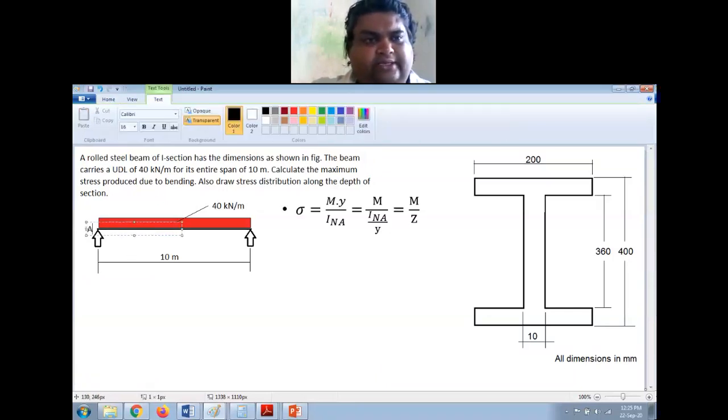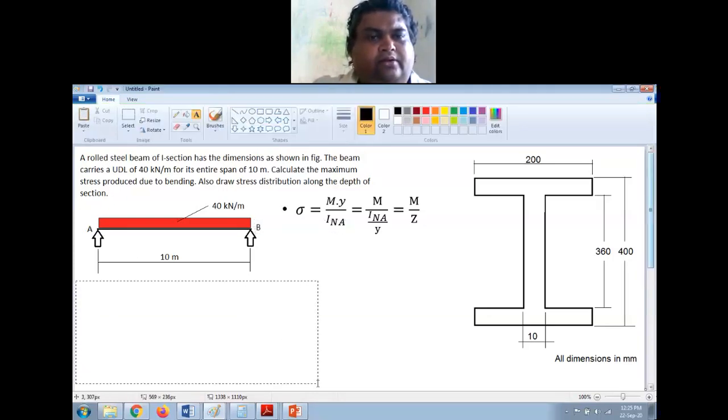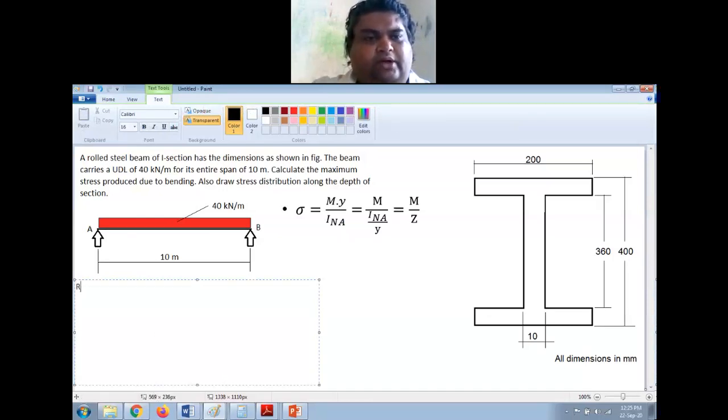I'll take this point as A and this point as B. Now RA plus RB is equal to, these are the upward forces. So there is UDL on top of this, and the magnitude of this total UDL is 40 kilonewton per meter, so 40 into the length, which is 10 meter. 40 into 10, so this is equal to 400 kilonewton.